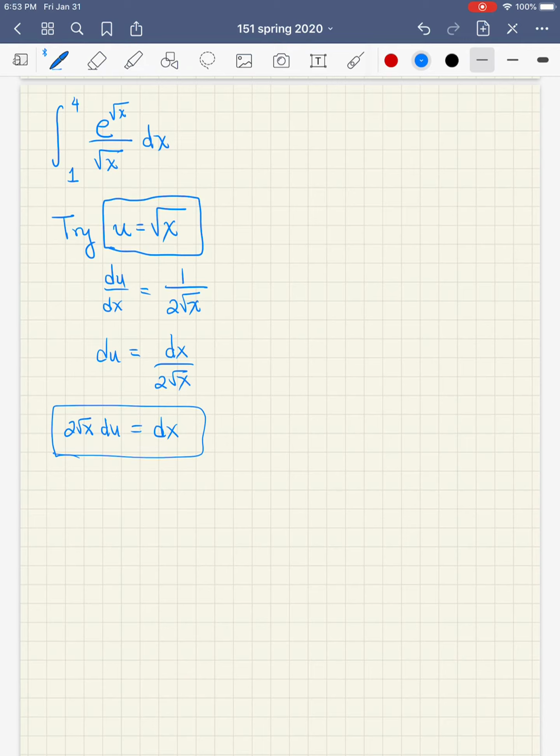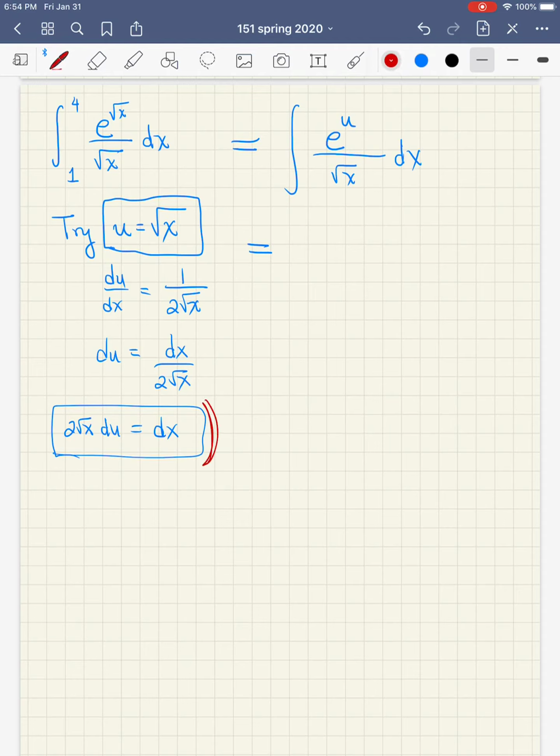And let's just try and see what happens. So if we rewrite this, the main thing we now get is e to the u, because our square root of x was equal to u. Now let's sub in using our formula for dx.